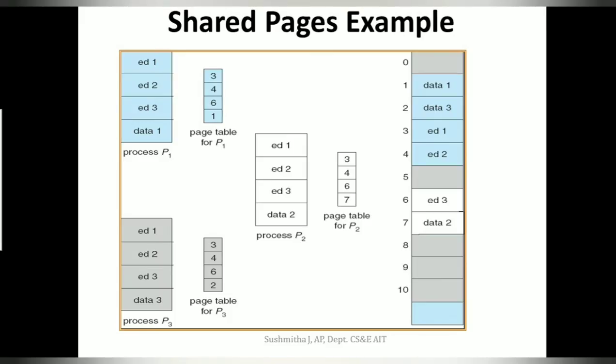Let me illustrate this. Let's say there are 3 processes. Each of the 3 processes has its own data or code pertaining to that program. Now these processes may have 3 common libraries, which I am naming ED1, ED2 and ED3. All 3 processes are going to use these 3 libraries.